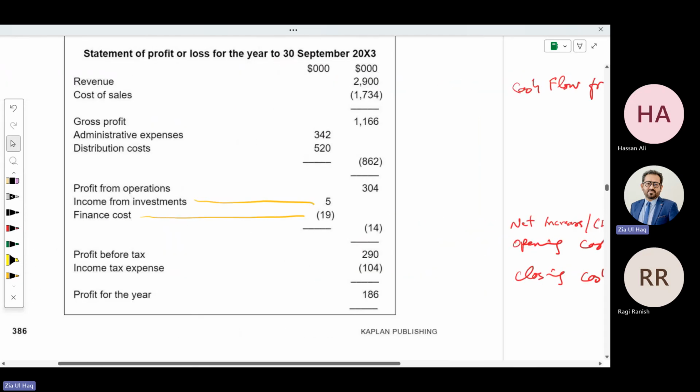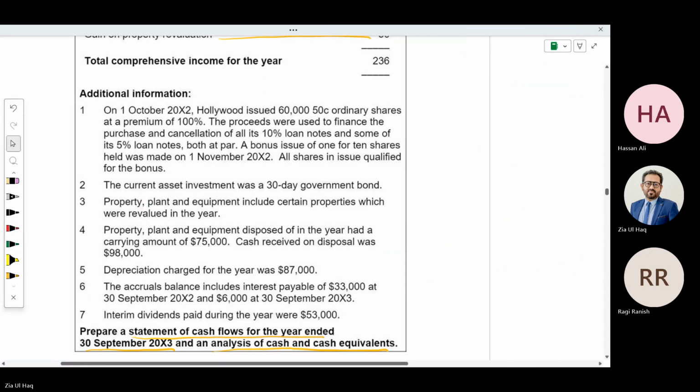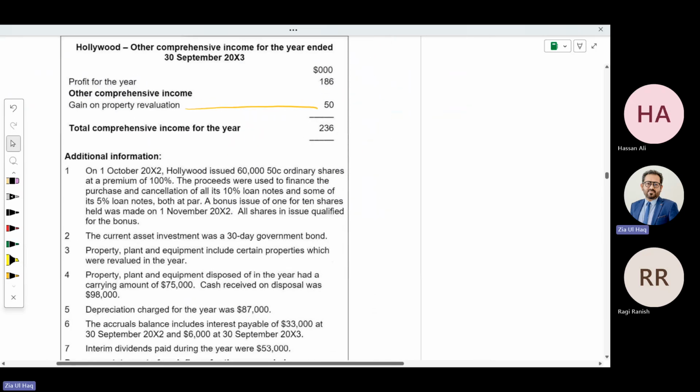Okay, let's move towards adjustments. First, additional information. On 1st October 20x2, the year end is what? 30th September 20x3, so at the start of the year.